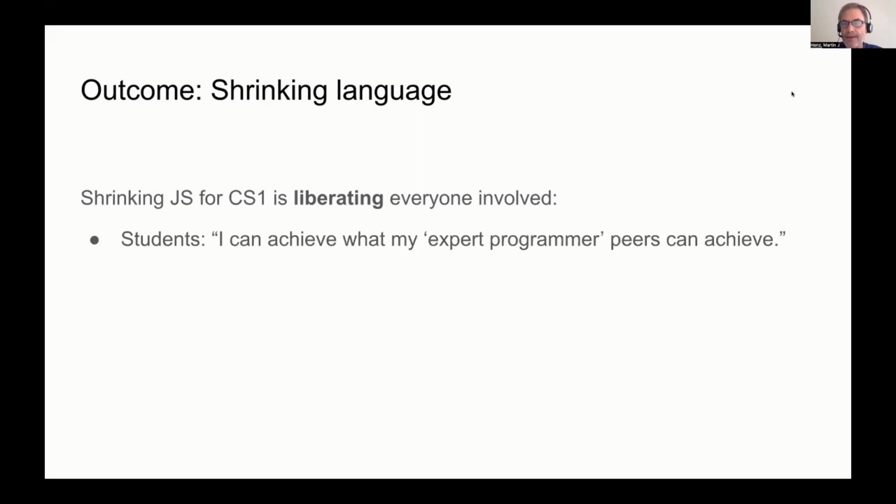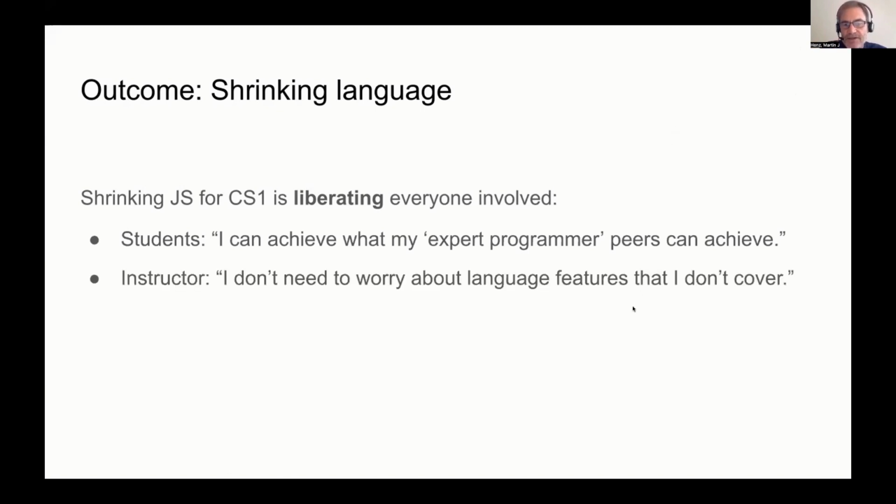Students are liberated because even beginner students who don't have any JavaScript background can start from first principles and very quickly achieve what expert programmers can achieve, because the language is very, very small. Instructors don't need to worry about language features that we don't want to cover.